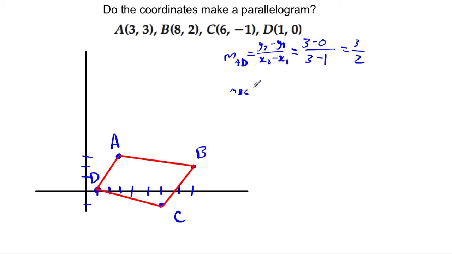Now the slope of BC, this would be 8 minus a negative 1 over 2 minus 6. So this would equal 9 over negative 4.